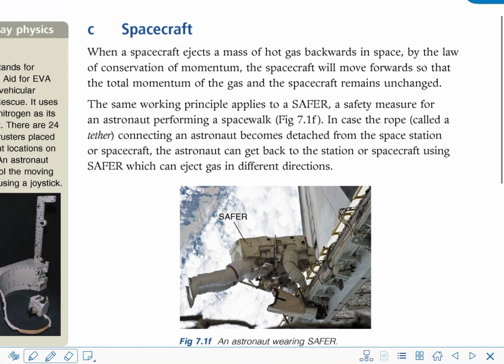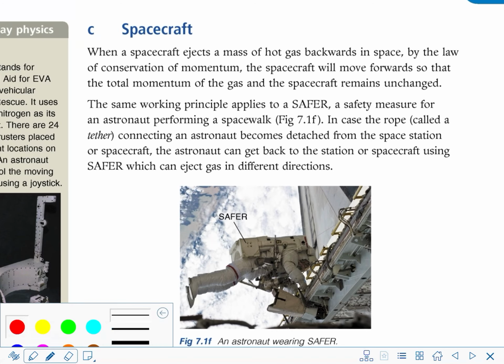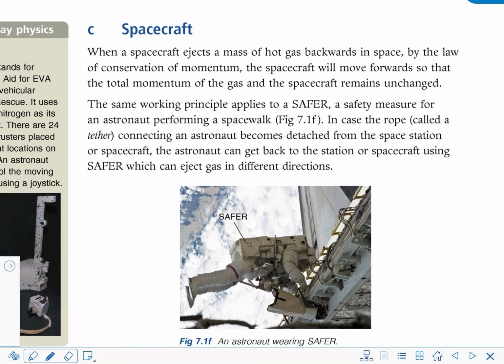Spacecraft. How can an astronaut move in space? It will be very easy, very funny. The spacecraft ejects a mass of hot gas backward in space. So by the conservation of momentum, we know the spacecraft moves forward.